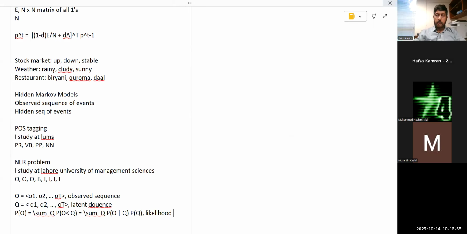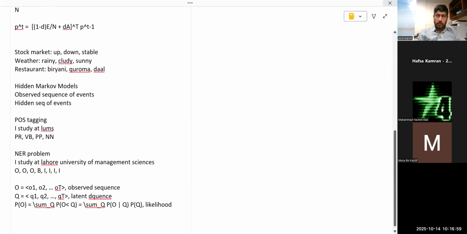So similarly for the decoding problem, वो यही फॉर्मूला होगा. लिख लेता मैं यहाँ. ठीक है. So the final Q, that's Q star, is basically arg max for all possible Qs of P of O given Q and P of Q. ठीक है.